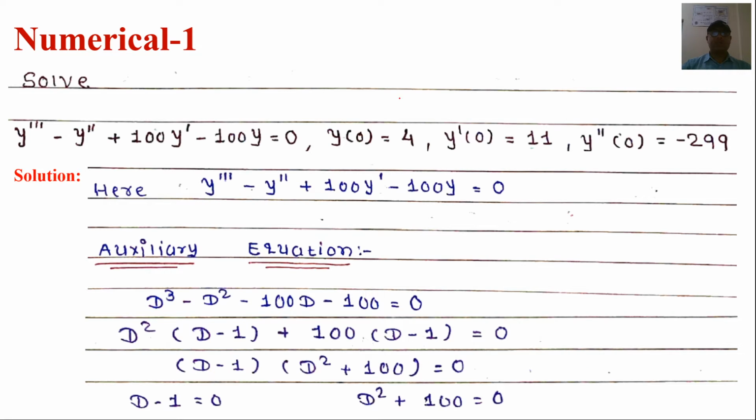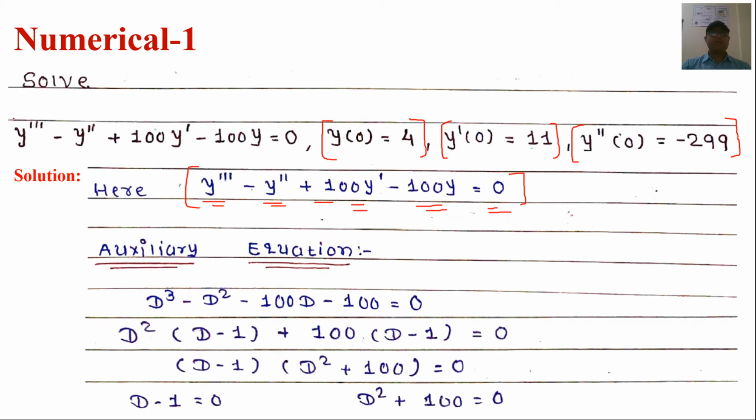Now let us solve a numerical based on the cases that we have discussed. Solve: y triple dash minus y double dash plus 100y dash minus 100y is equal to 0. Also three conditions are given: y(0) is equal to 4, y dash(0) is equal to 11, y double dash(0) is equal to minus 299.